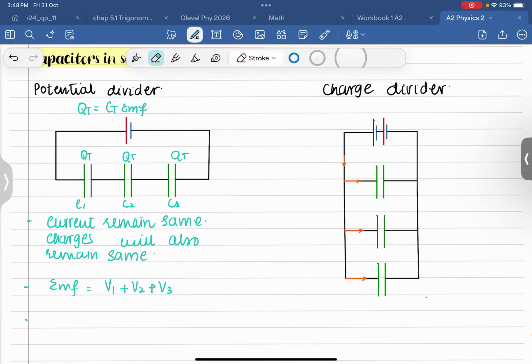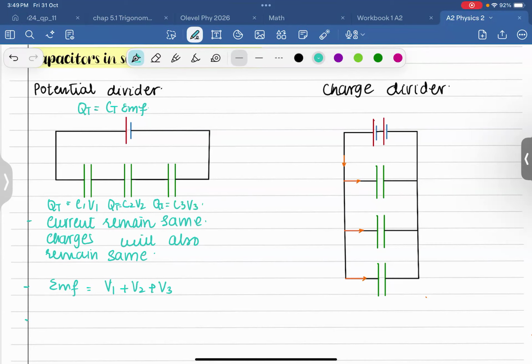Now the second thing: if we apply the formula, Q total, because it is the same for every capacitor, equals C1 and V1, and Q total equals C2 and V2, and Q total equals C3 and V3.